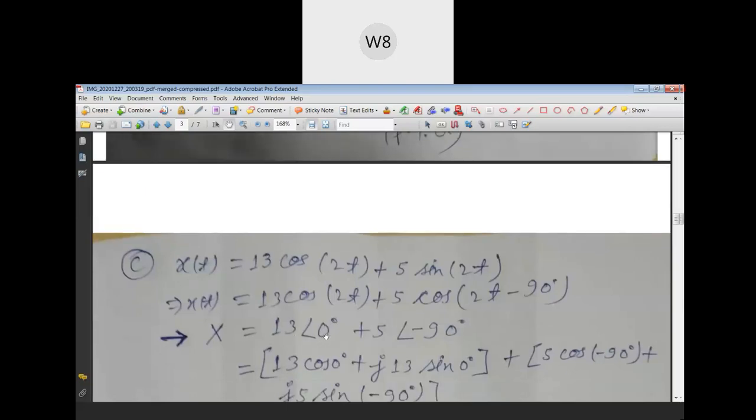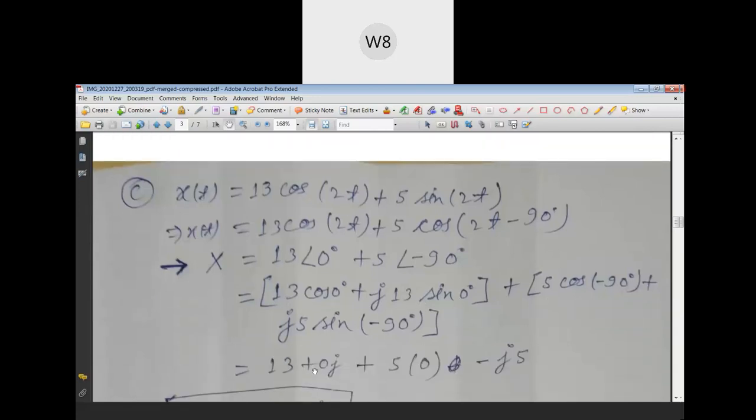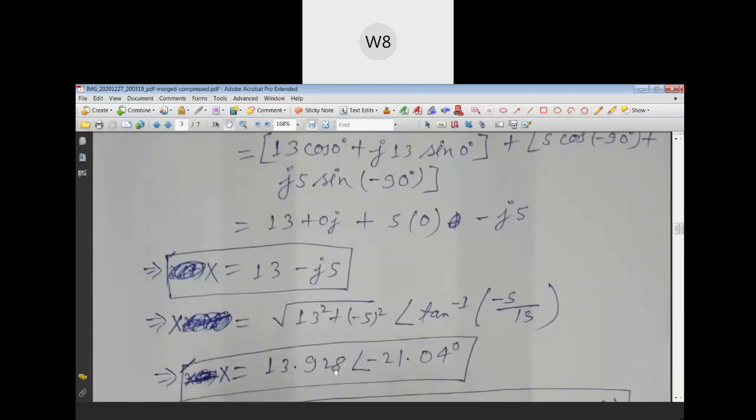That means 12 with 0 phase and 5 with minus 90 degrees can be written in real and imaginary form. So we find their real and imaginary form by expanding 12 cos 0 plus j 12 sin 0. Similarly the other one also, then combine them to get a single complex number, and this complex number has to be converted into phasor form.